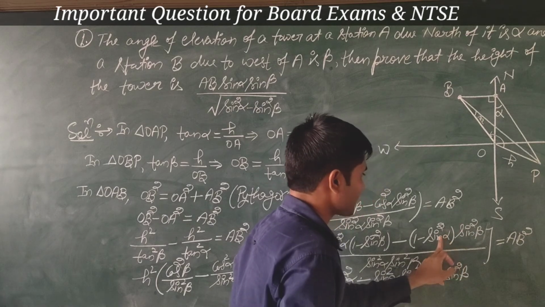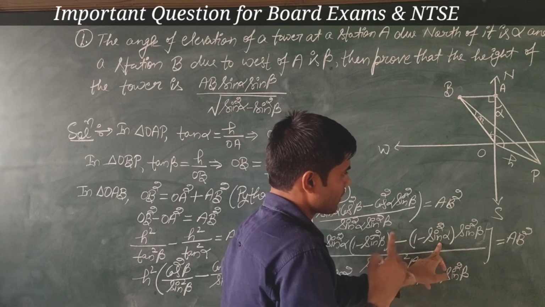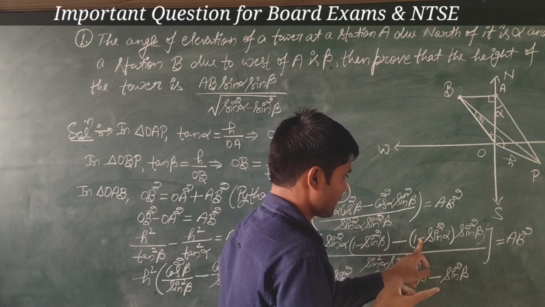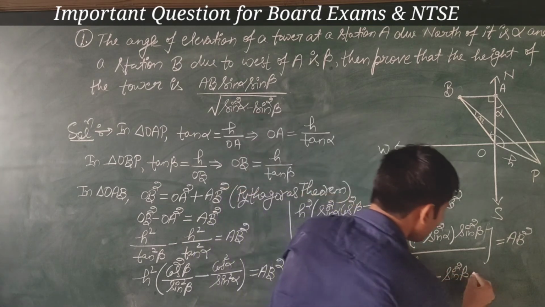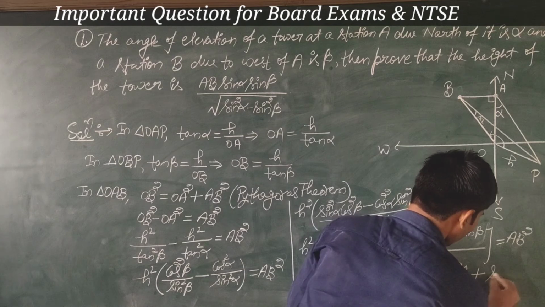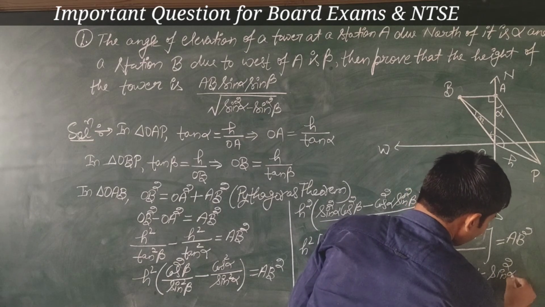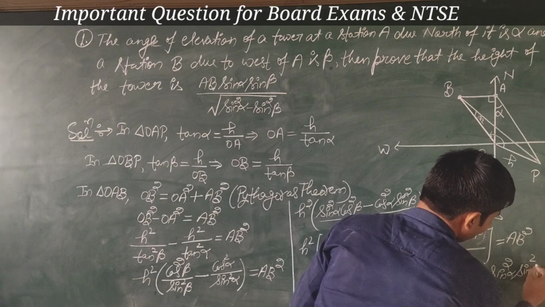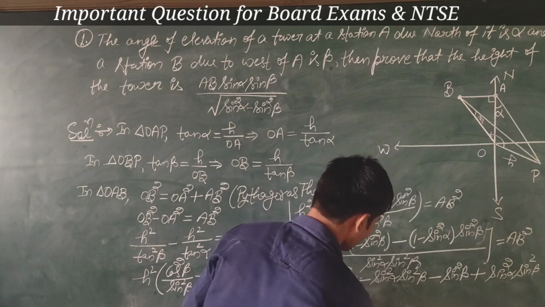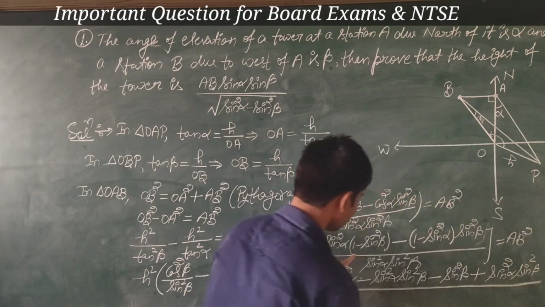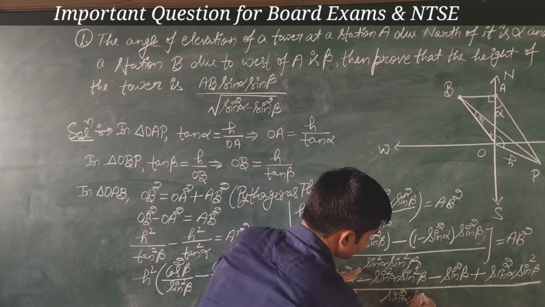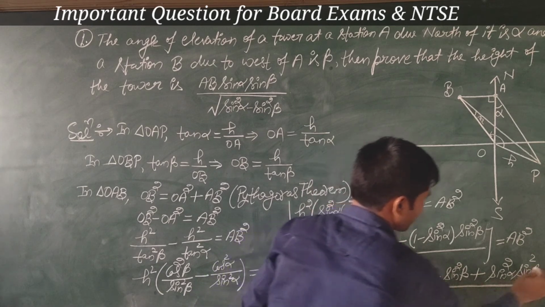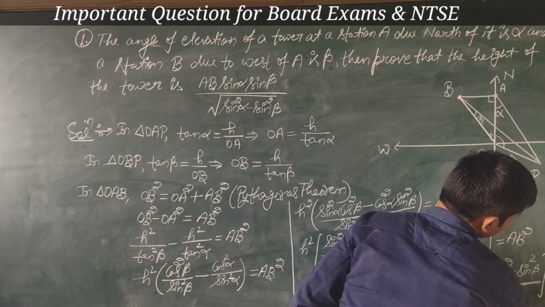Sin square beta multiplied by sin square alpha is sin square alpha sin square beta with a negative sign, and there is also a negative sign outside the bracket, so it will be positive sin square alpha sin square beta. And in the denominator we write the same thing, sin square alpha into sin square beta.